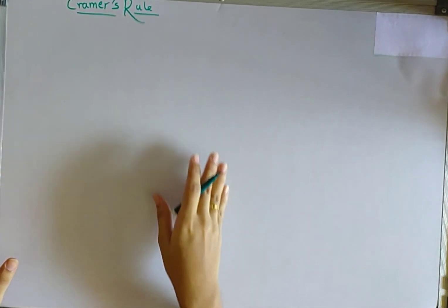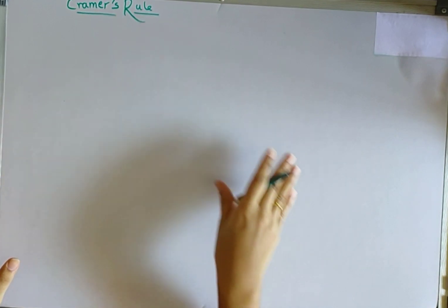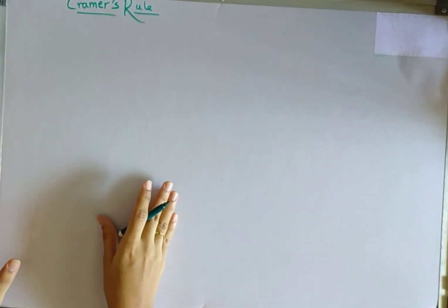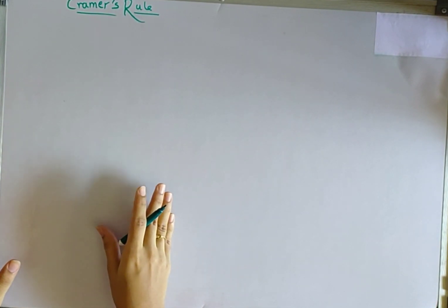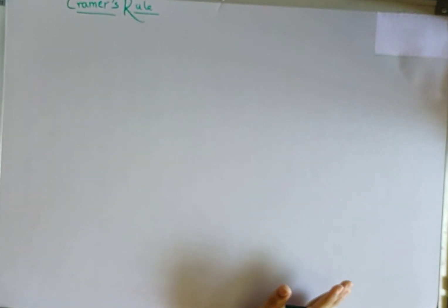But in your exams, they'll specify in which form you have to solve your equations. If it is given to solve your simultaneous equation using the elimination method, you need to do it by that method only. Using Cramer's rule, then you have to do it in that method only. Okay, fine. So let's start.